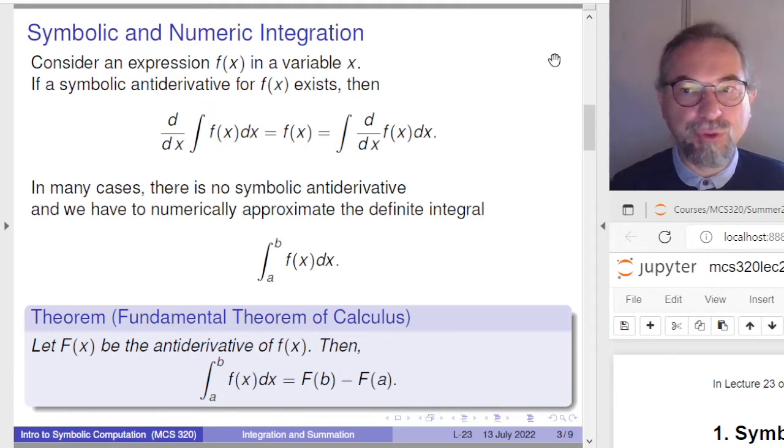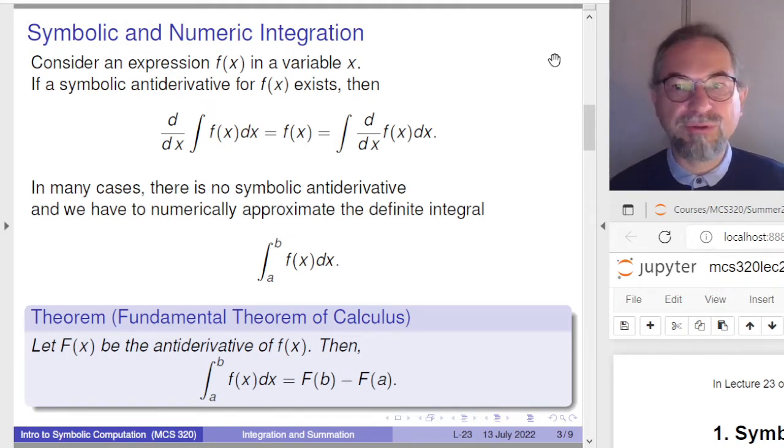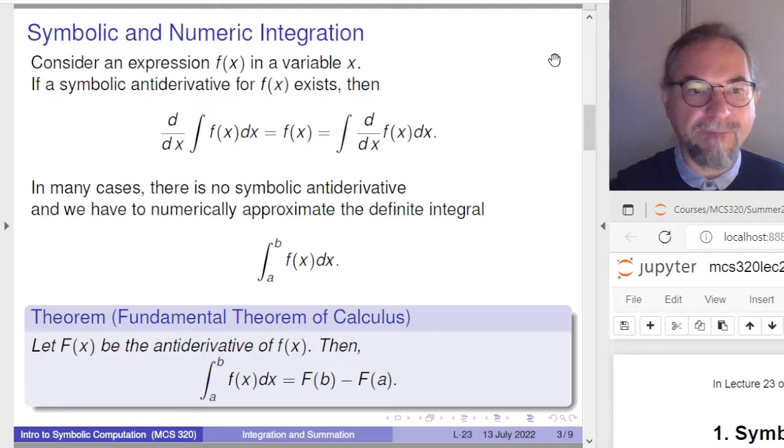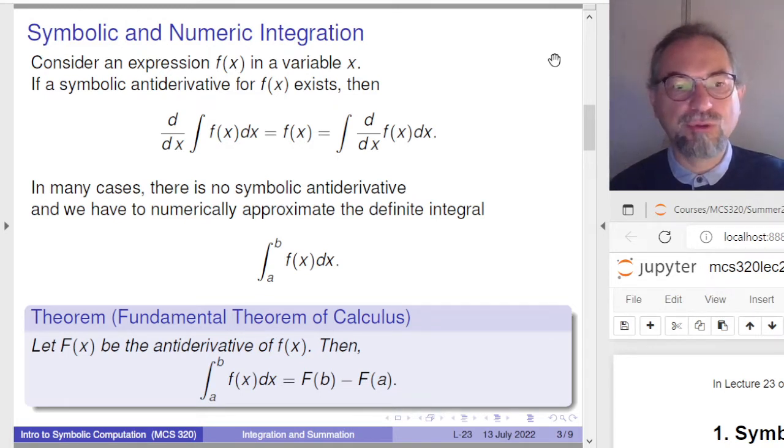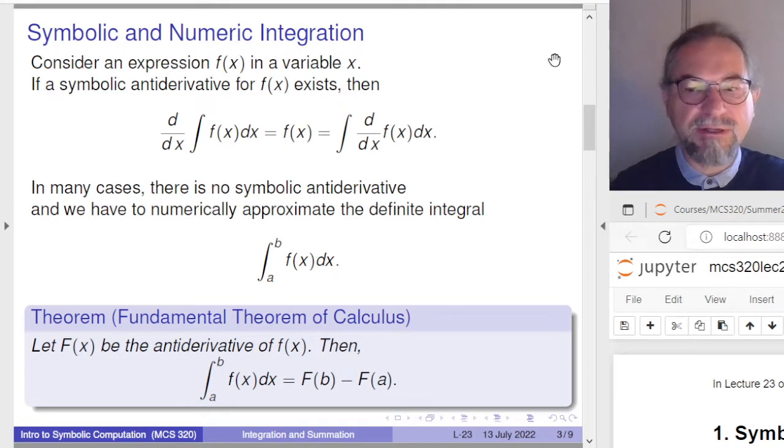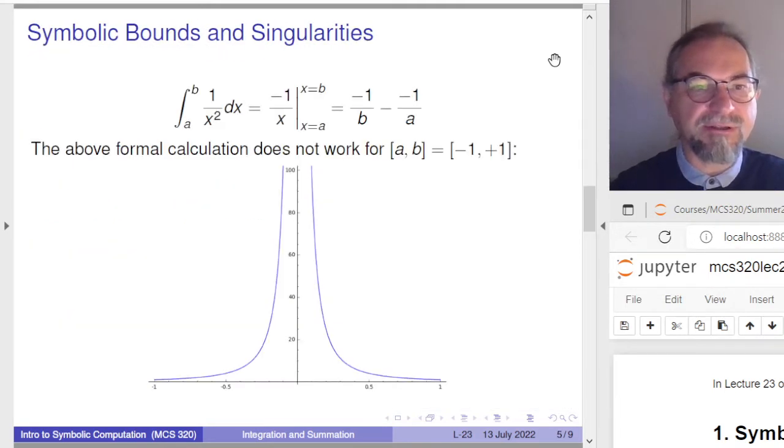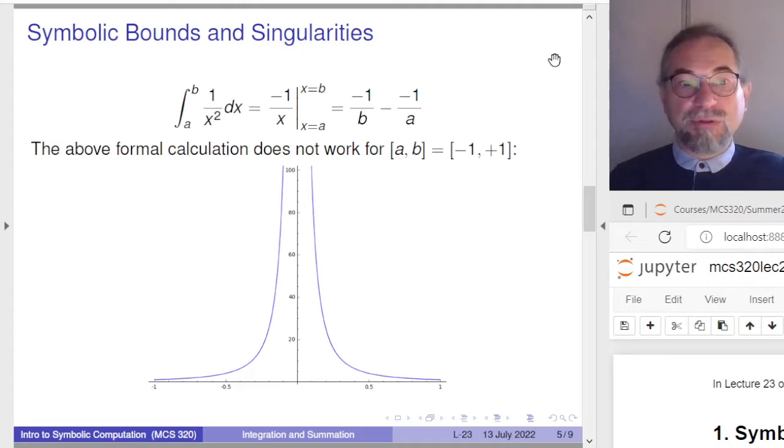So, if we compute symbolically, we compute exactly without any error, but often the results can still be really wrong. So the fundamental theorem of calculus, as stated here, is subject to conditions, and I will hint at these conditions in the next example.